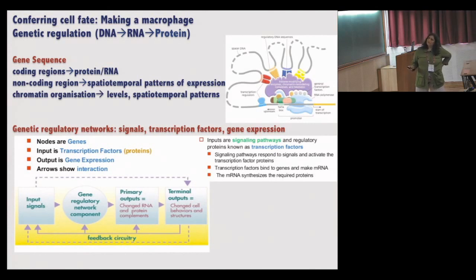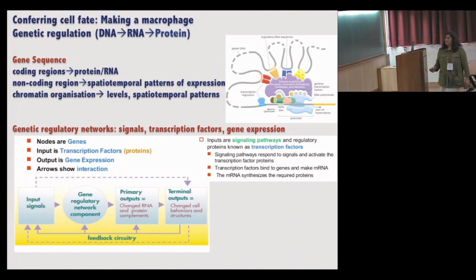The non-coding regions allow where within an animal those proteins or RNAs are made. And at a higher level of organization, the way in which this genetic material is looped can again control how much of that information is made and where that information is present, right?